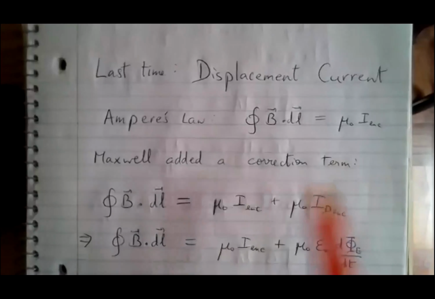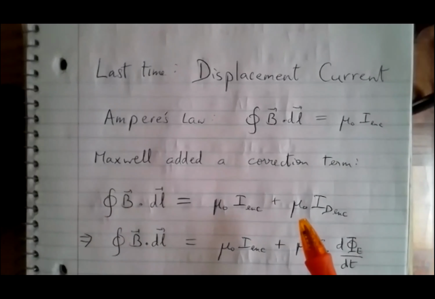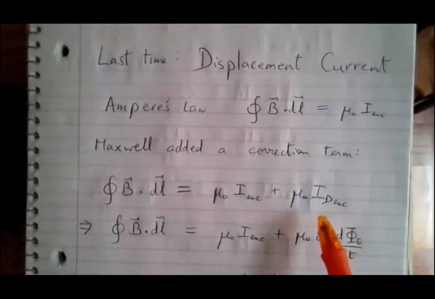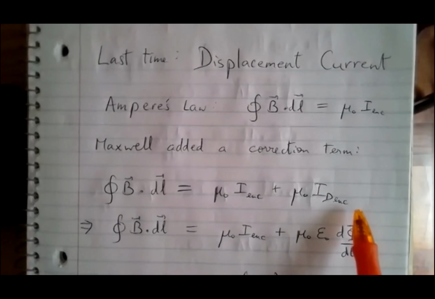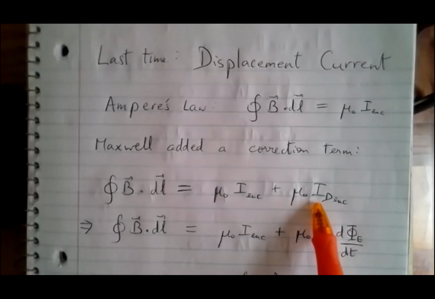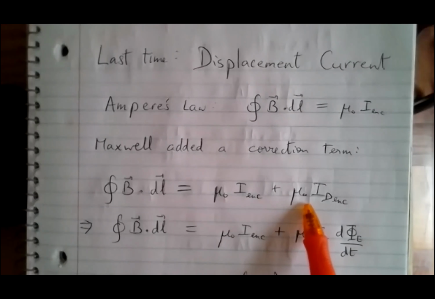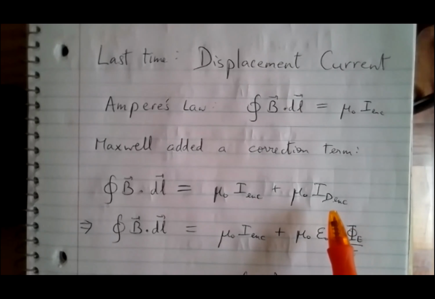Maxwell realized that in order to be consistent with the other equations as well as with physical reality, there needed to be an additional term, which he called the displacement current, which I'll denote by I sub d. So just like you had a mu naught I enclosed, you had a mu naught I displacement enclosed.